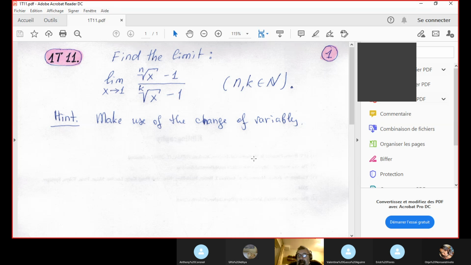So, in fact, another hint here. We want to use the binomial theorem. So, after your change of variables in the numerator and in the denominator, you have something like 1 plus t to a power which is a natural number. Is it clear?